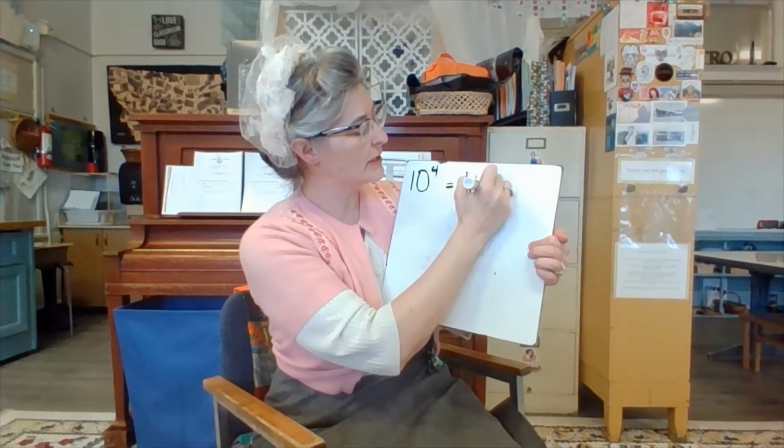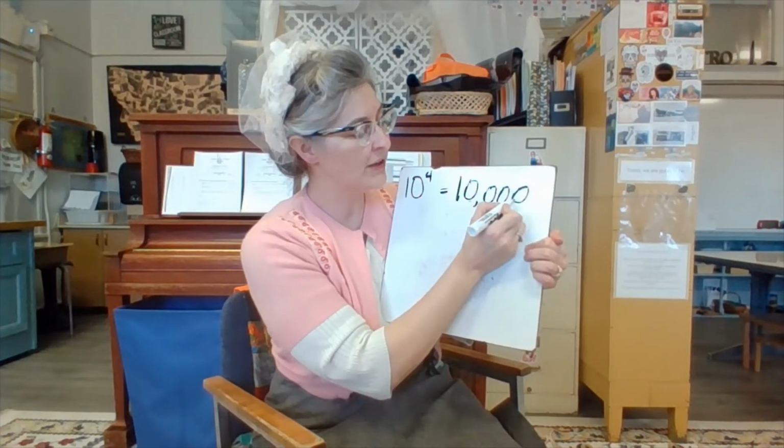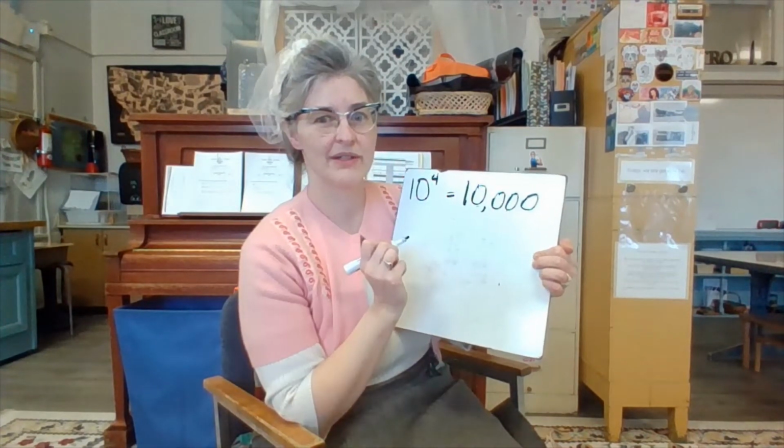Oh, 10 to the fourth power. And I would get a big, long lineup, and I would end up with 10,000. So 10 to the fourth power is going to equal 10,000. And look, 1, 2, 3, 4 zeros.